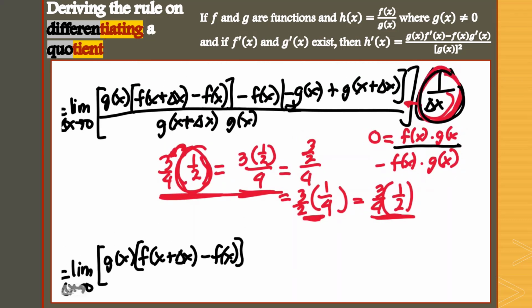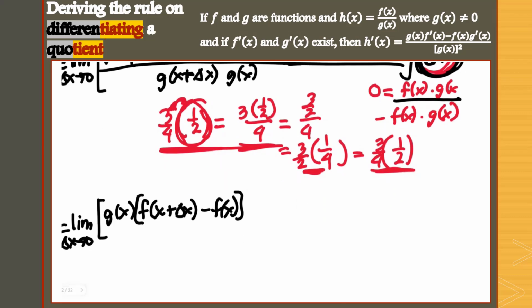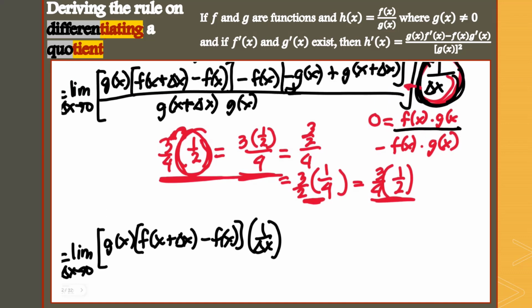Okay, take note as you multiply this, you have to multiply it here and here as well. So this will be multiplied by 1 over delta x. Okay, 1 over delta x, this entire expression. Okay, minus the second f of x. Let me interchange them.